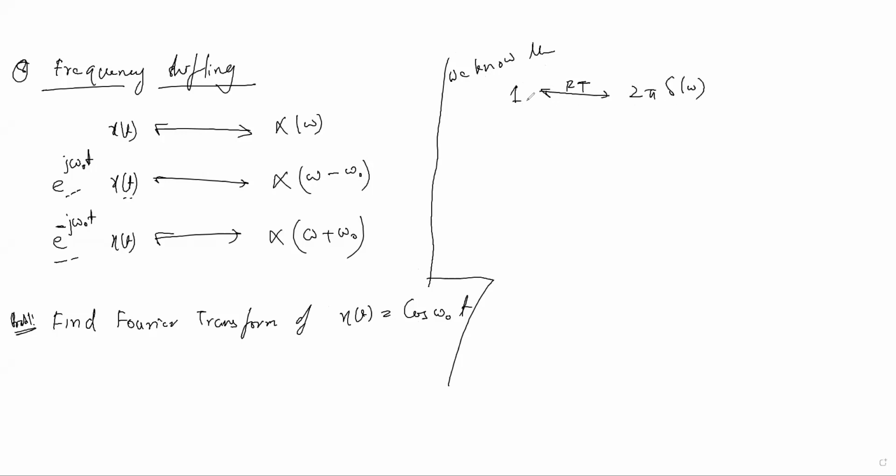I have given in the previous classes that the Fourier transform of 1 is 2 pi delta of omega. When we multiply this 1 with e to the power j omega naught t, then what will happen in the frequency domain? It will shift the omega component.